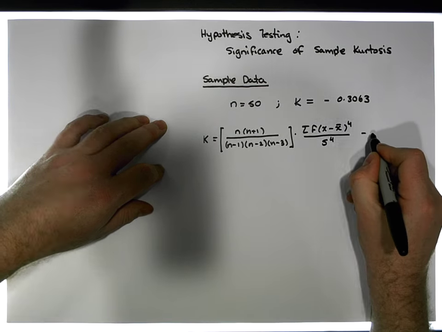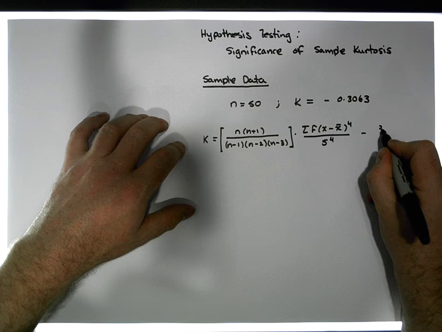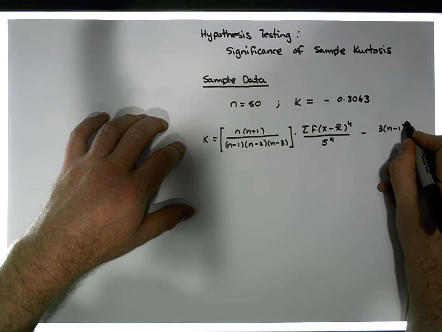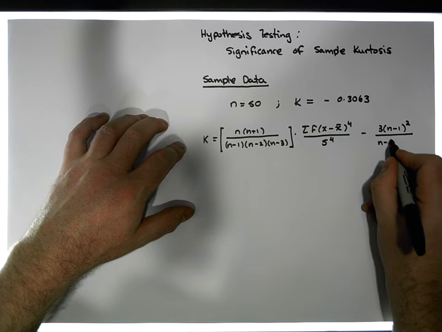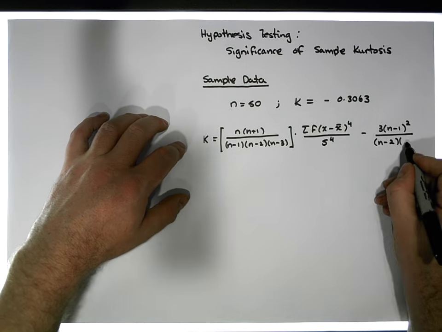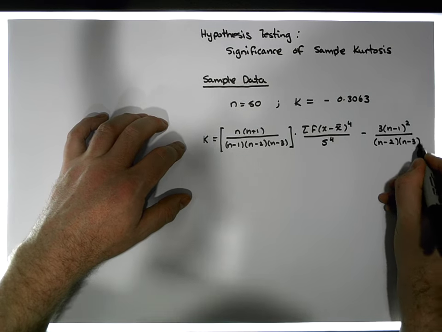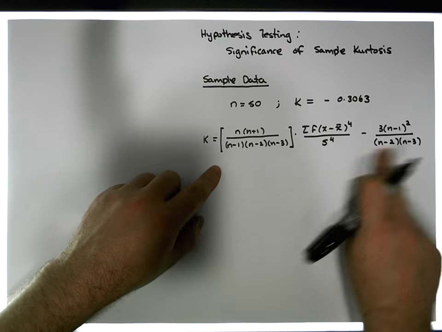And what we took away from that was 3 times (n minus 1) squared, divided by (n minus 2) times (n minus 3). Just keep that in mind, that was the formula that we used.